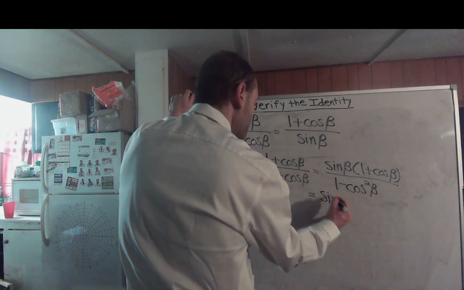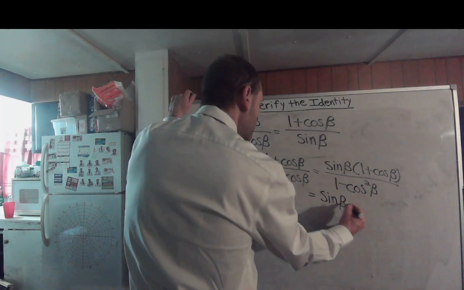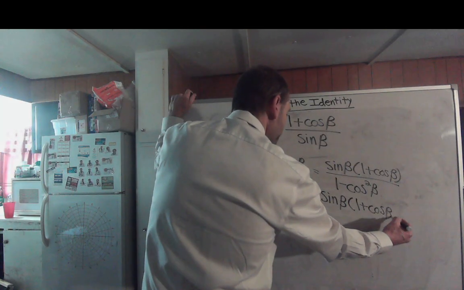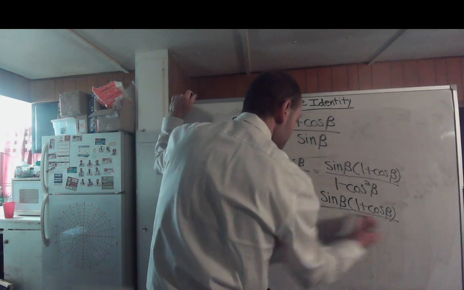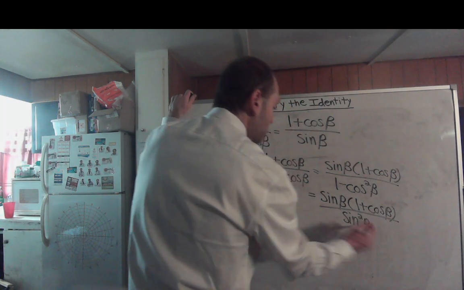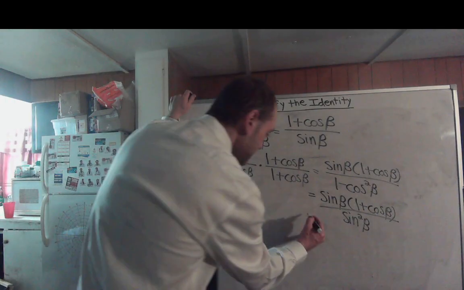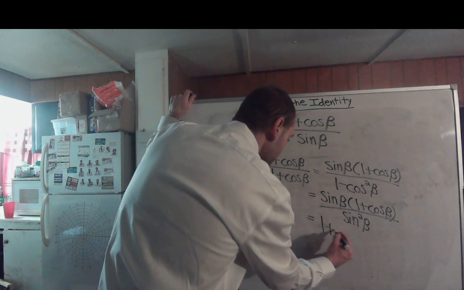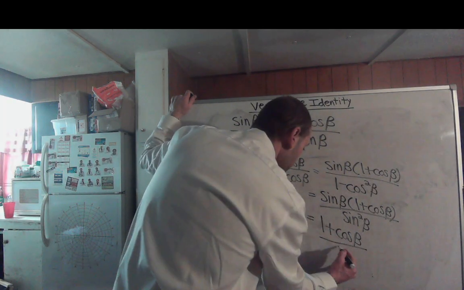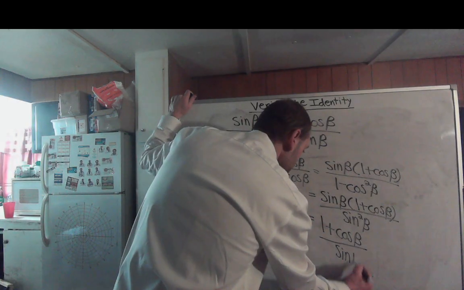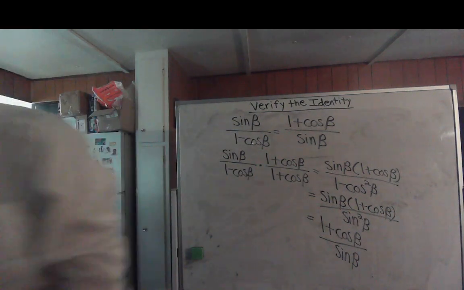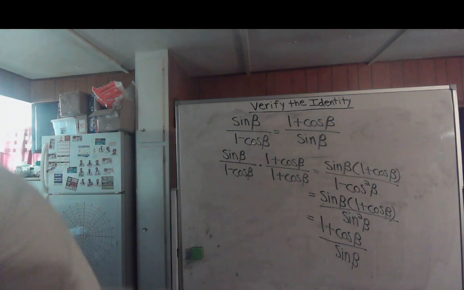So you would end up getting the sine of beta times 1 plus the cosine of beta all over the sine squared of beta. Well, a sine of beta would factor out between the numerator and denominator for a final answer of 1 plus the cosine of beta all over the sine of beta. So we just verified the identity, and don't forget to write your therefore statement. And I got 3 more.